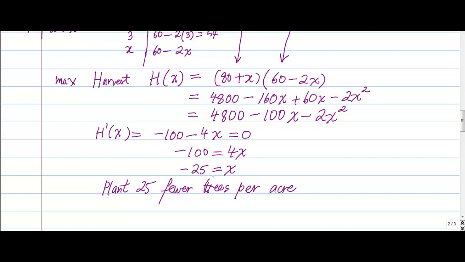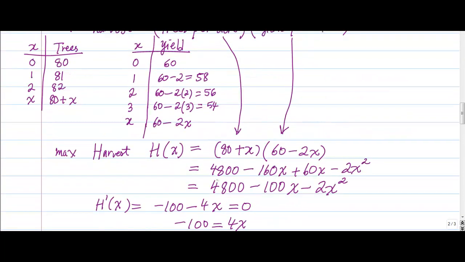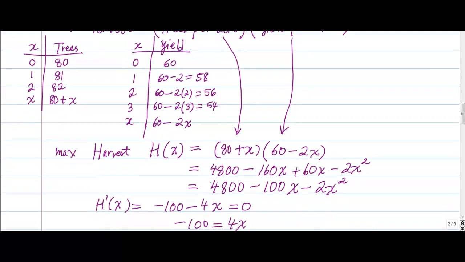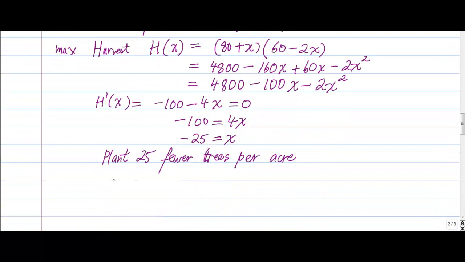Okay, so how many trees should he plant per acre to maximize his harvest? We started off at 80 trees, so this guy needs to plant 80 minus 25, which is 55 trees per acre.